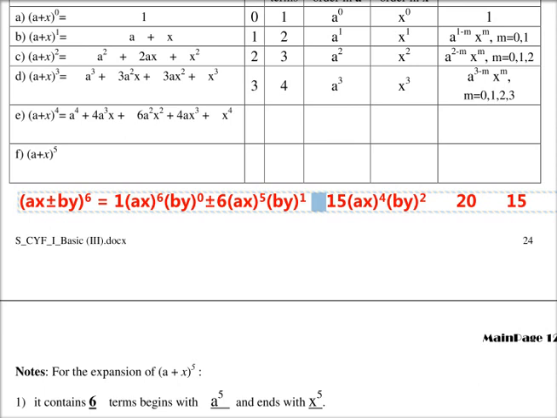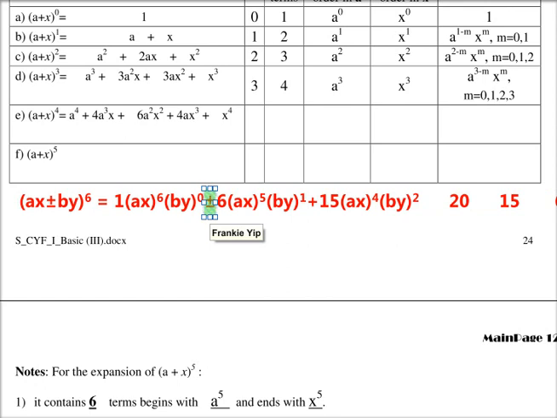So take a look at the positive or negative side. The second term will follow the sign: if it's positive I write positive, if negative I write negative. But for the third term, we ignore the negative side; it must be positive here.